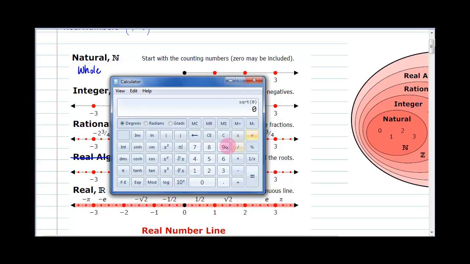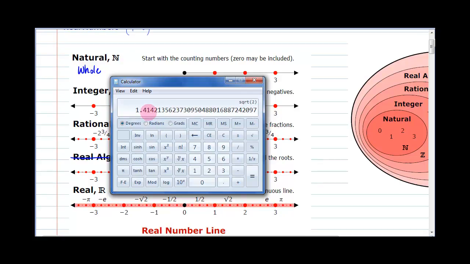The square root of 2 is 1.4, and it's this really long decimal.